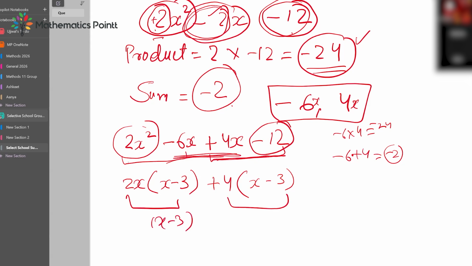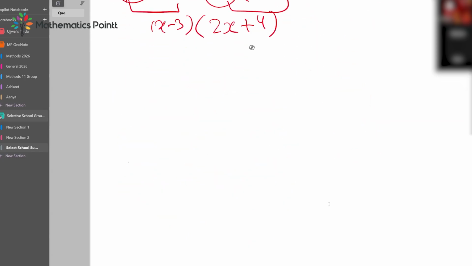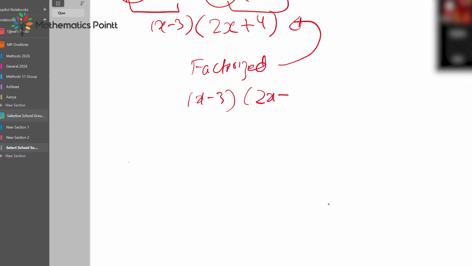X minus 3. Remaining is 2x plus 4. But hang on. So I have factorized it. So my answer is x minus 3, 2x plus 4.